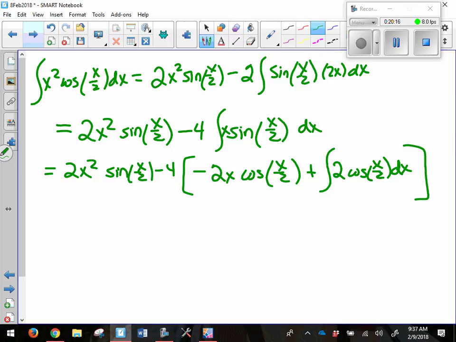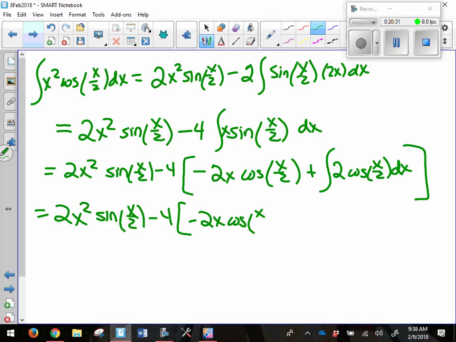You got to find the different parts in your notes. Still with me? So I've got 2x squared sine x over 2 minus 4 times minus 2x cosine x over 2.